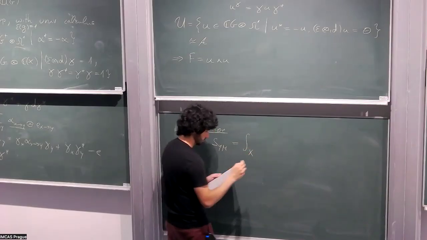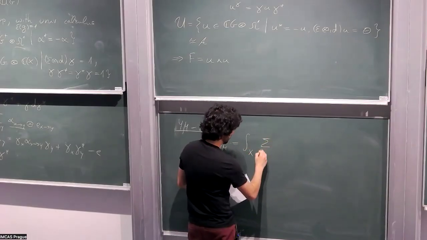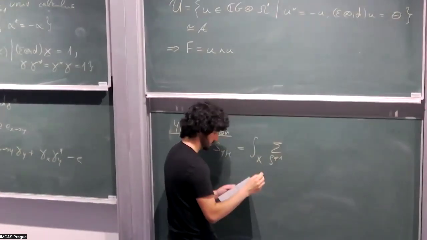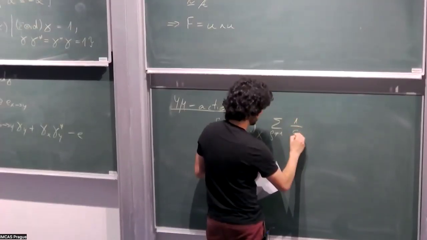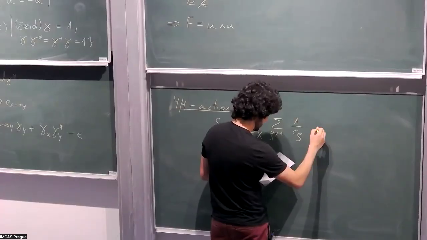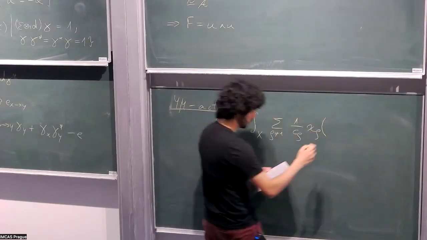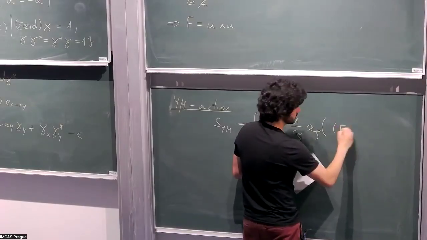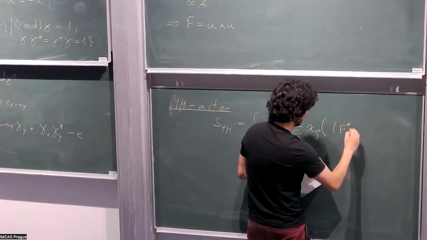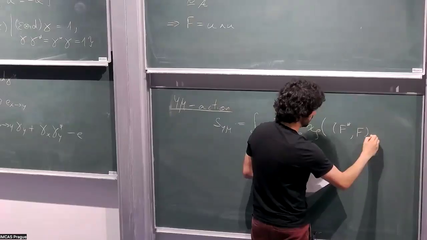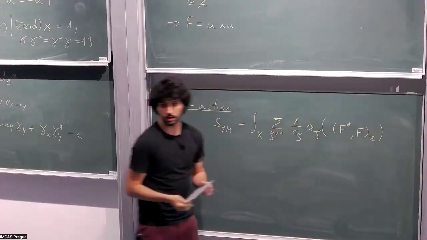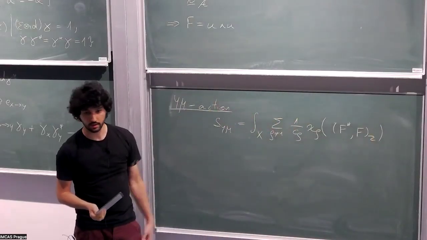I'll explain what this integral is in a bit. Sum over non-trivial representations, 1 over c rho, and then again this is the character, and we have then this inner product that I introduced before, applied on f star and then f.